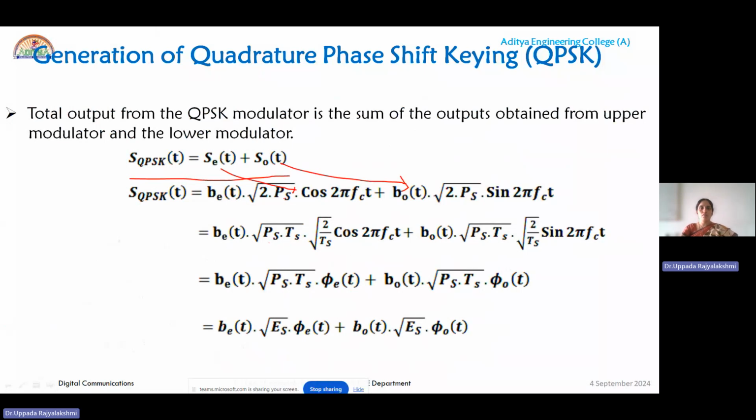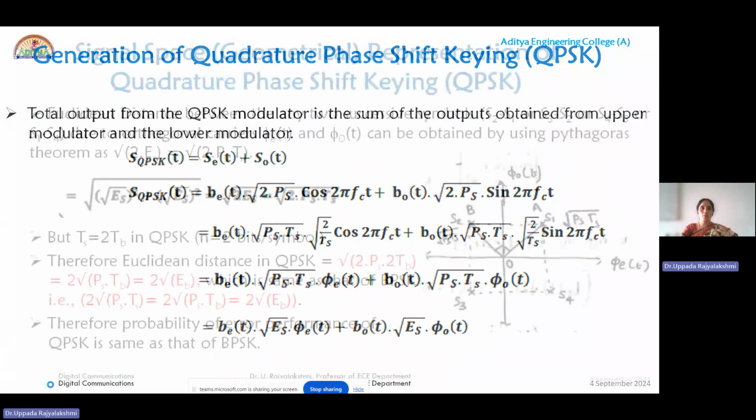The b_e(t) we multiplied and divided by root Ts, and took that root Ts inside the root to represent it as a symbol energy, where Es is Ps into Ts. And phi_e(t) is taken as root 2 by Ts cos 2 pi fc t, and phi_o(t) as root 2 by Ts sin 2 pi fc t. So finally you obtain the output of QPSK as b_e(t) root Es phi_e(t) plus b_o(t) root Es phi_o(t).